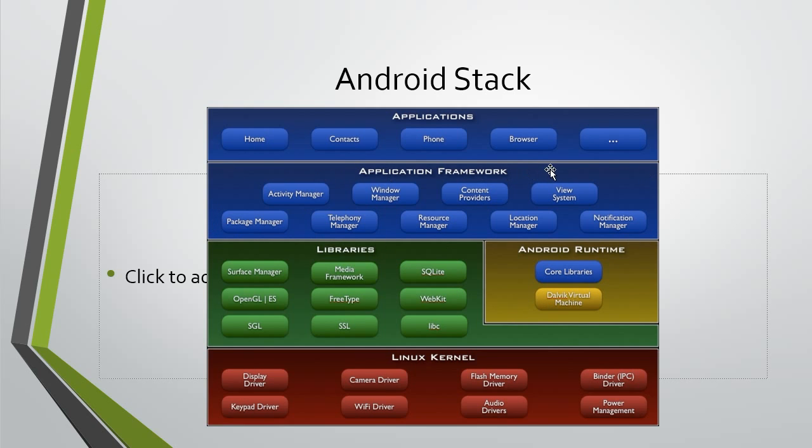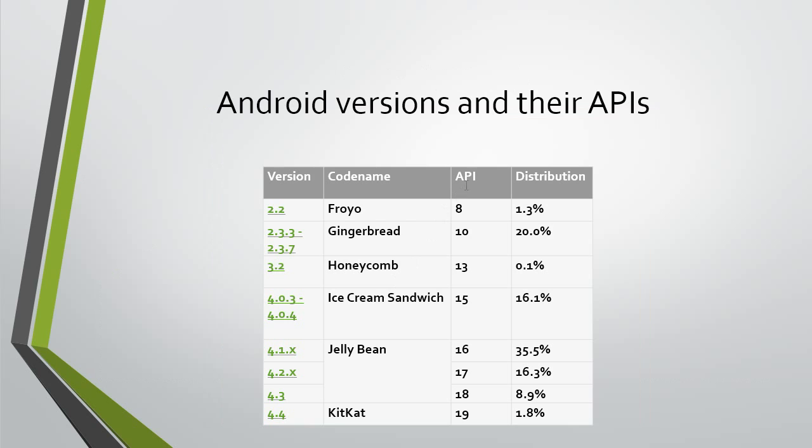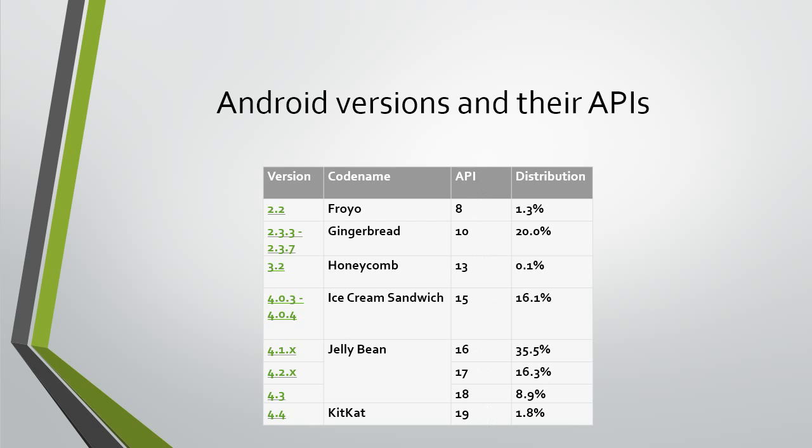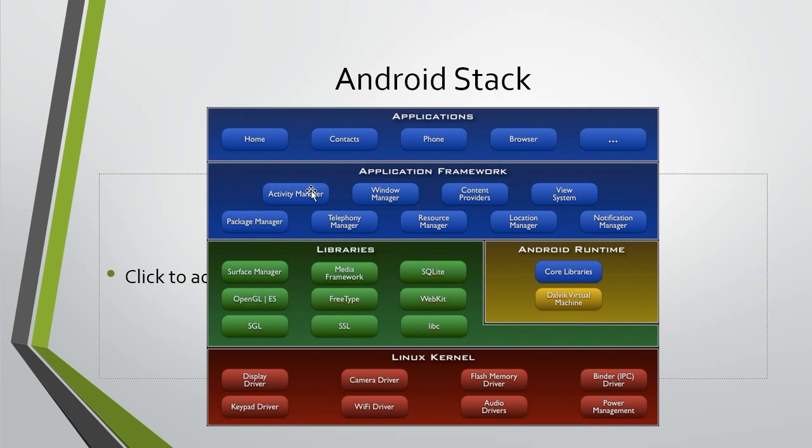Whatever is in this column is a bunch of libraries and features which allow your application, which you program and which sits right here, to interact with the whole system.